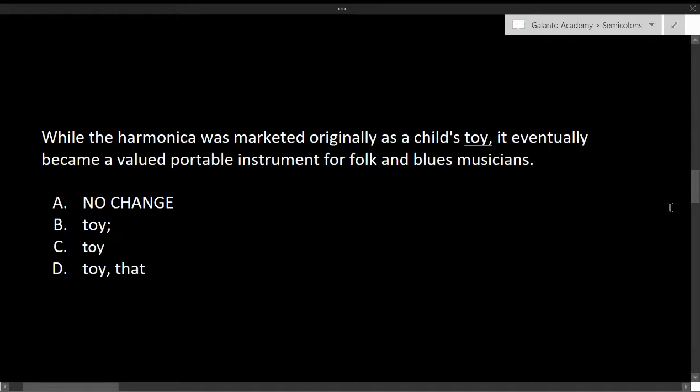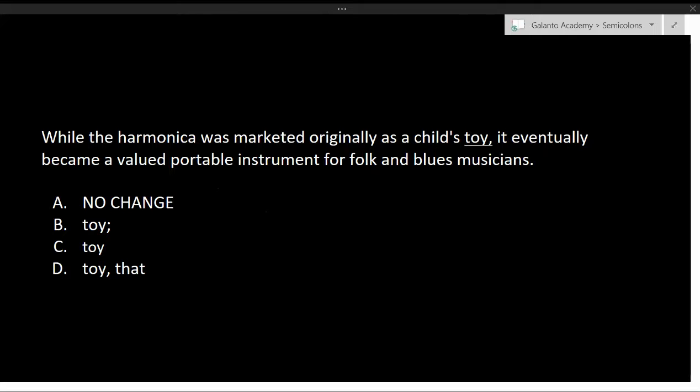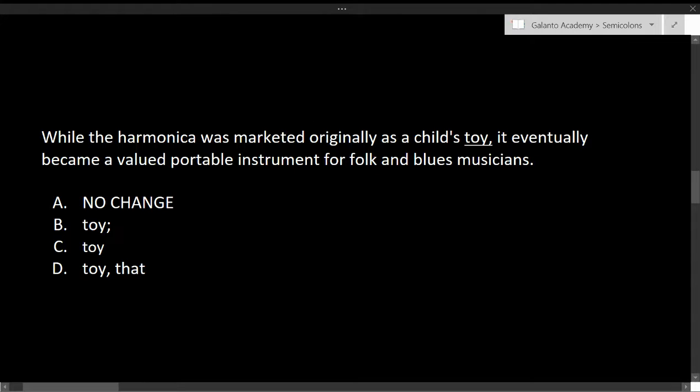Let's look at this example from the ACT. While the harmonica was marketed originally as a child's toy, and that underlined portion is where we're going to be looking, it eventually became a valued portable instrument for folk and blues musicians. We could keep it as it originally was, or it's asking us, does a semicolon work there?